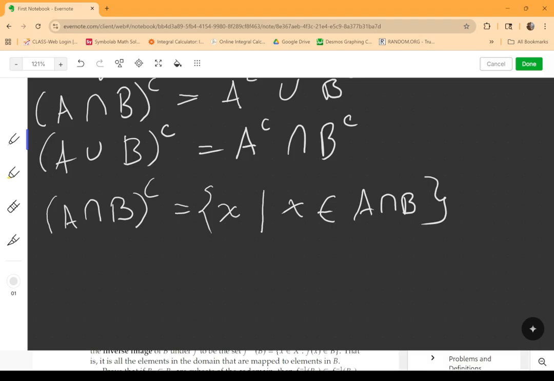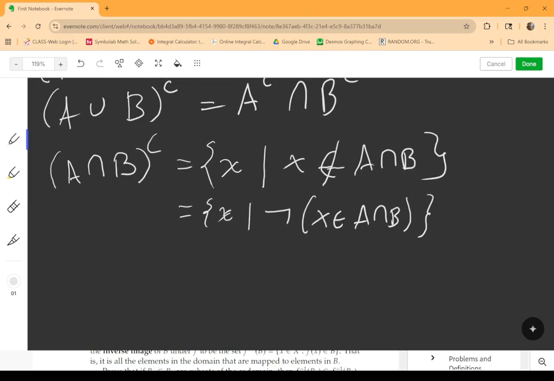All right, now using our logical notation here, we could say that x is not in A intersection B. So we could say not x is an element of A intersection B.